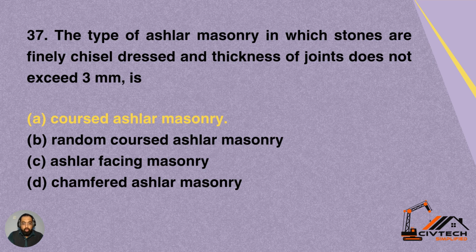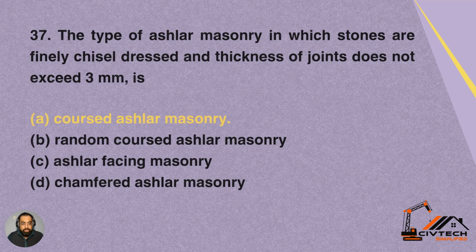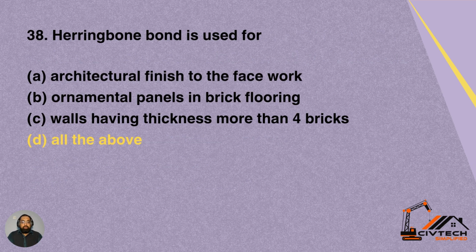A. Coursed ashlar masonry, B. random coursed ashlar masonry, C. ashlar facing masonry, or D. chamfered ashlar masonry. So in which 3 mm joint is maintained and stones are well dressed, it's coursed ashlar masonry. Option A is correct for this question.